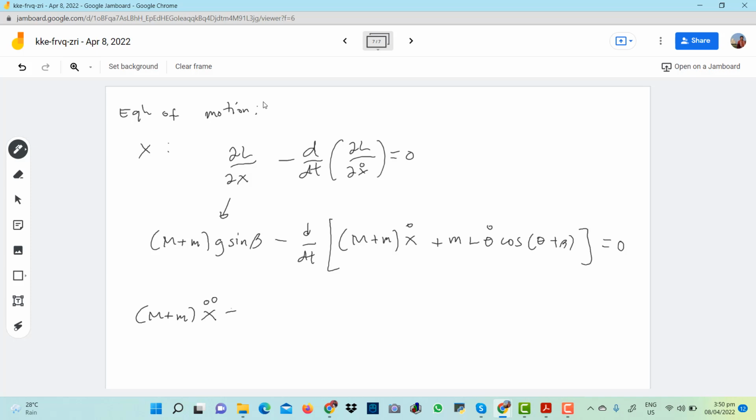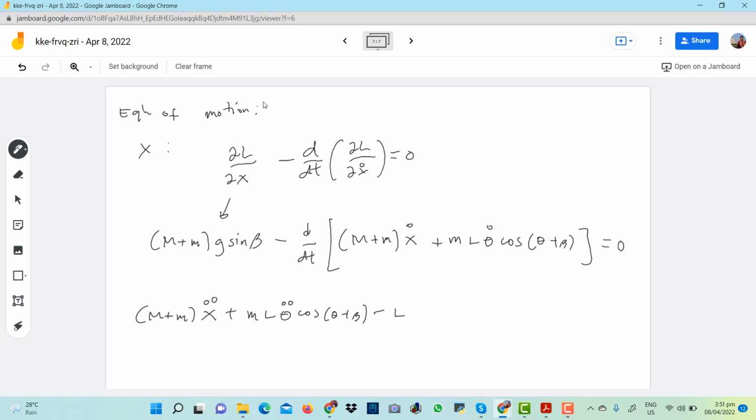Okay? Plus kani na ako'y product rule. I have a product rule here. M L theta double dot cosine of theta plus beta, plus this one is now for m, minus, because derivative of cosine is negative sign, so that's why we have minus here.